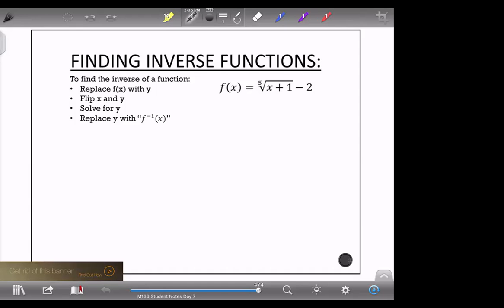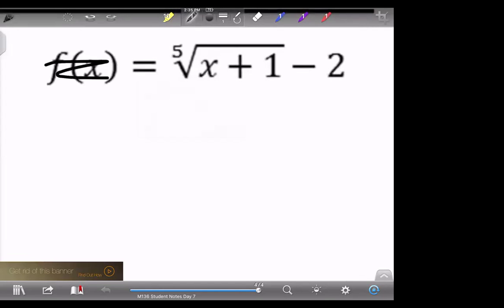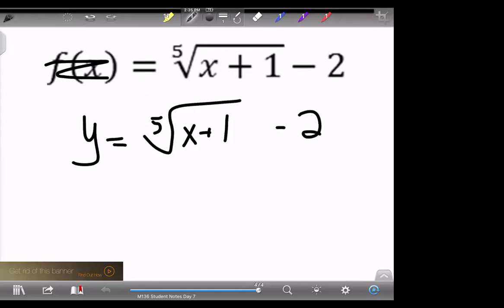Step number 1, we're going to take f of x out and replace it with y. So y equals the fifth root of x plus 1 minus 2.